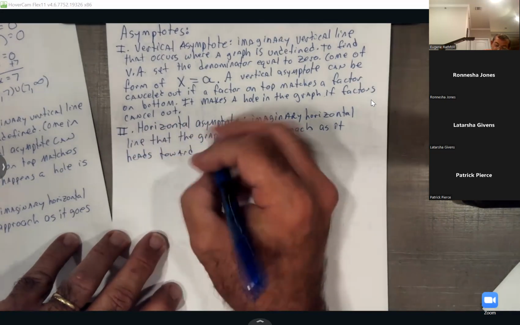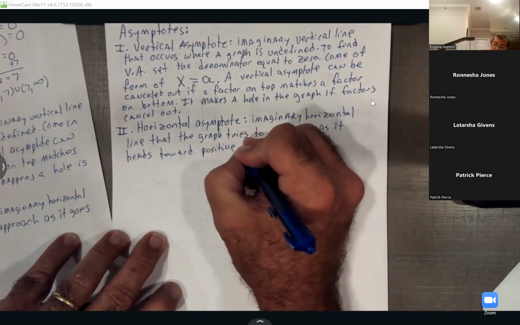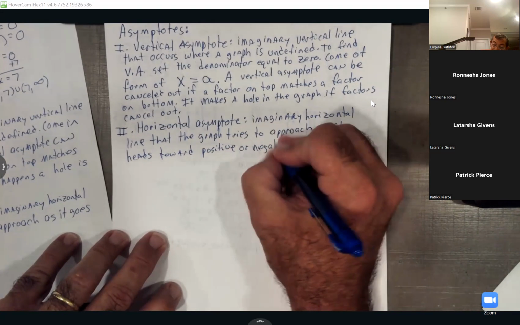Actually, as it heads toward positive or negative infinity.